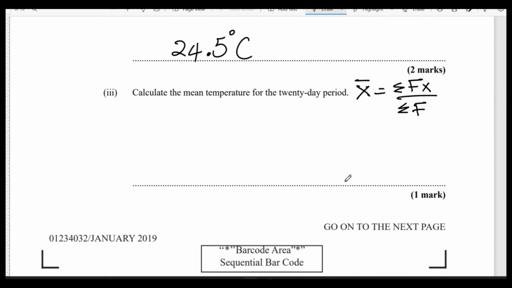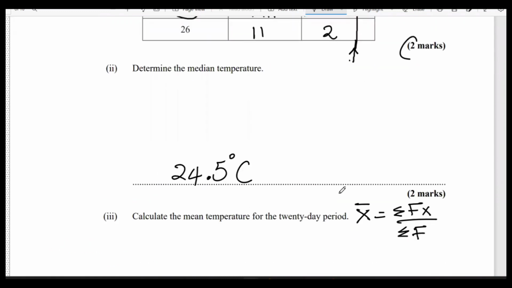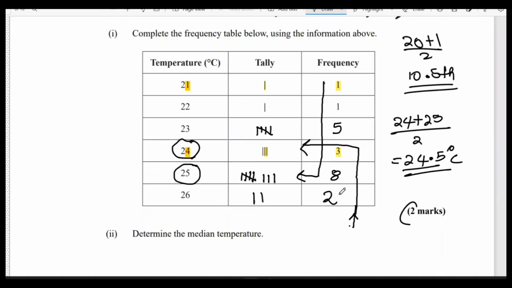So I'm going to create an fx column. The temperature is the x, and f is from the frequency. We're going to multiply those to get that quickly.